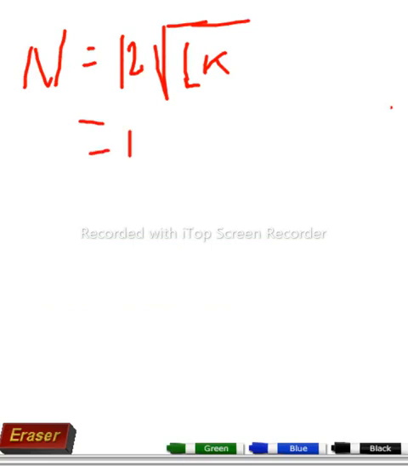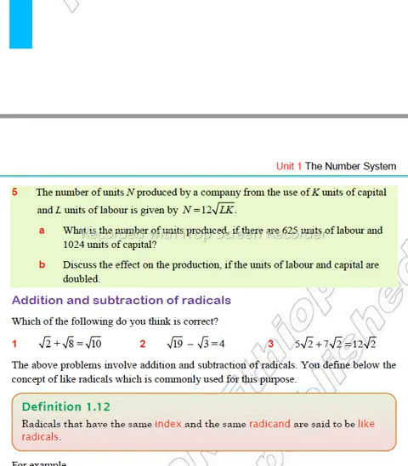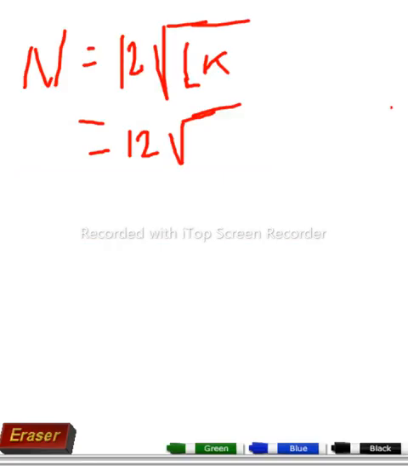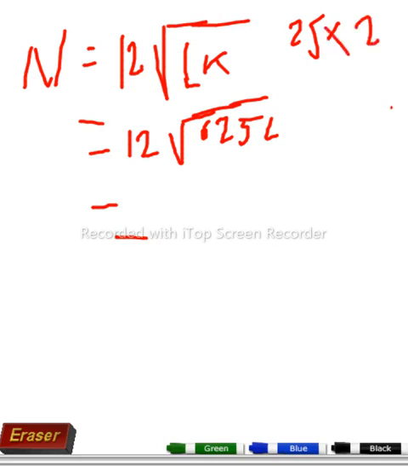We have 12 under the radical. We are given that K will be 625. 625 means 25 times 25. So the square root of 625 gives 25.